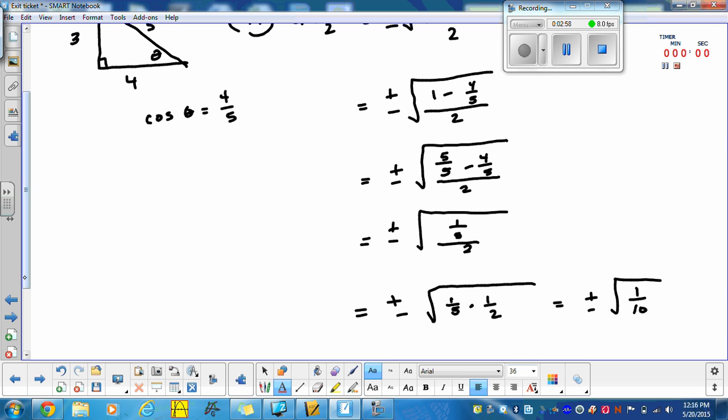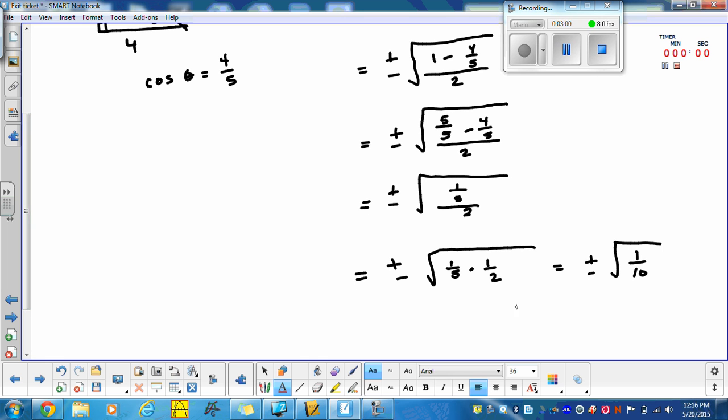Now we do need to simplify that because we know we're not allowed to have the radical in the denominator. If you recall from Algebra 2, simplifying that is the square root of 1 over the square root of 10. The square root of 1 is 1, and the square root of 10, don't forget your plus and minus, is there. So we rationalize that by multiplying by the square root of 10 over the square root of 10.